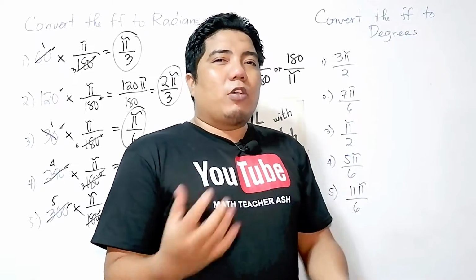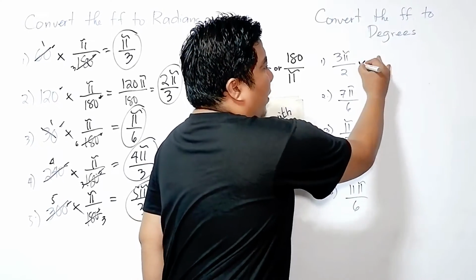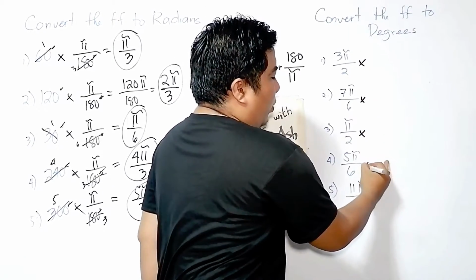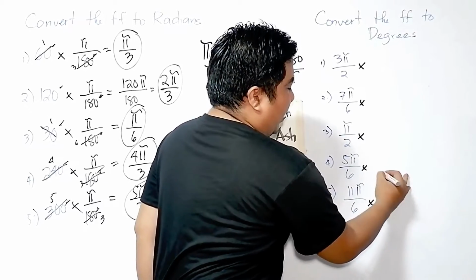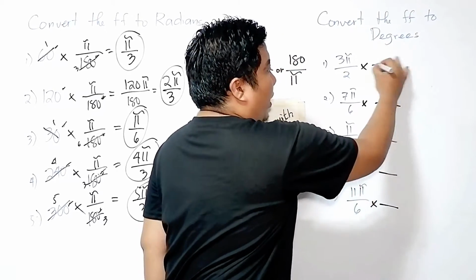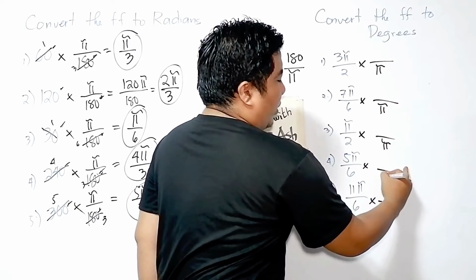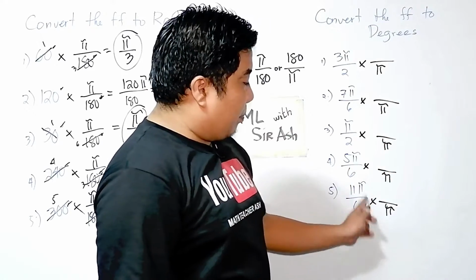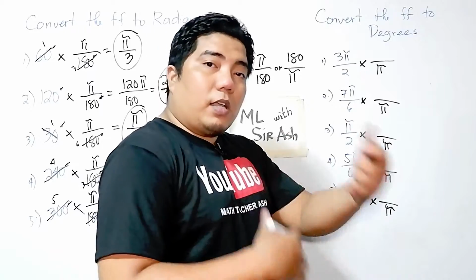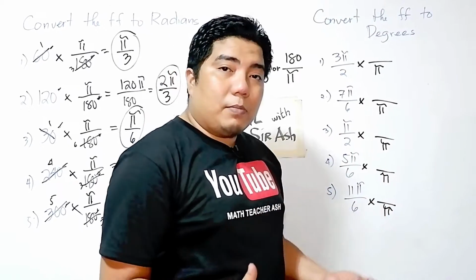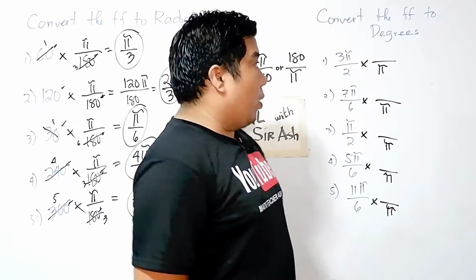Okay? So, in converting, we will multiply our radian measure by a fraction with a pi in the denominator. Okay. Why is it with a pi? For us to cancel the pi symbol, giving us the whole number value, which is our degree.